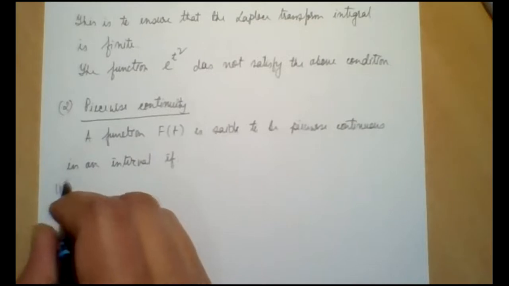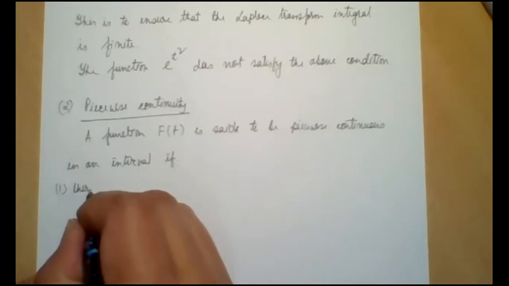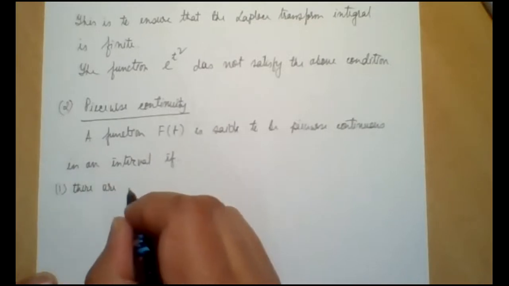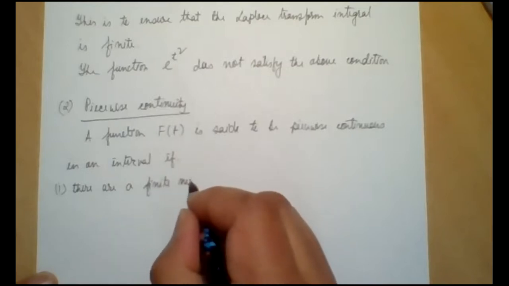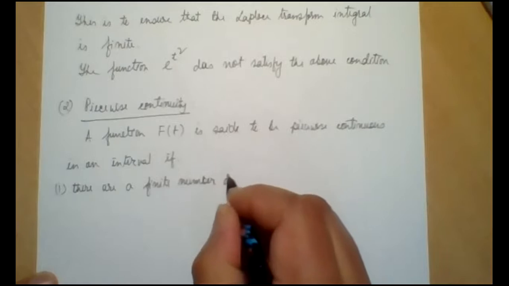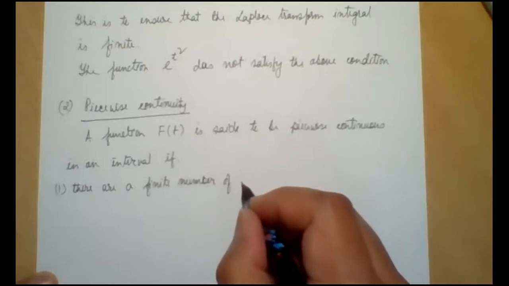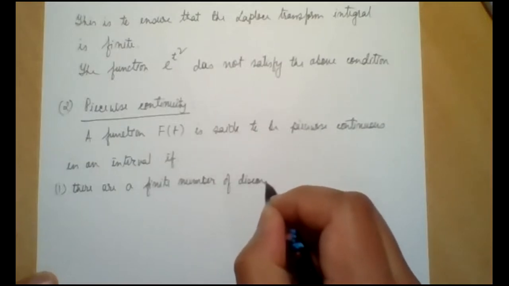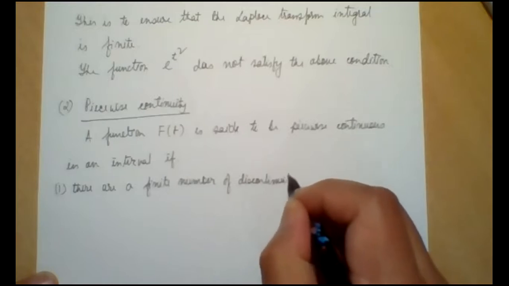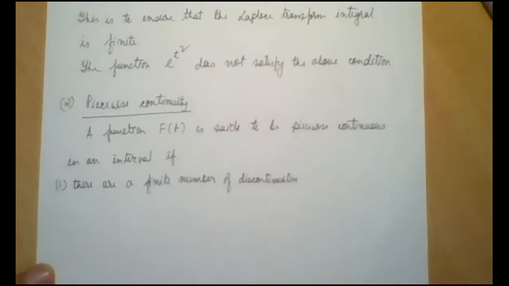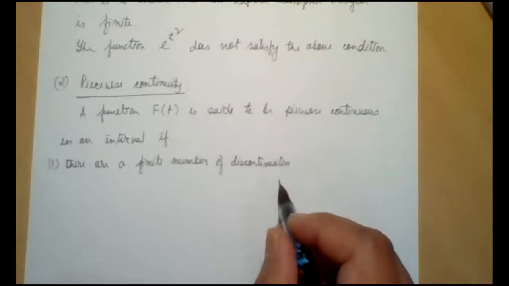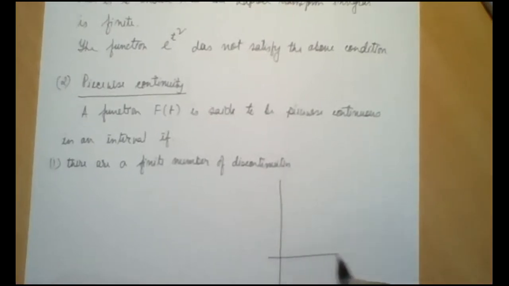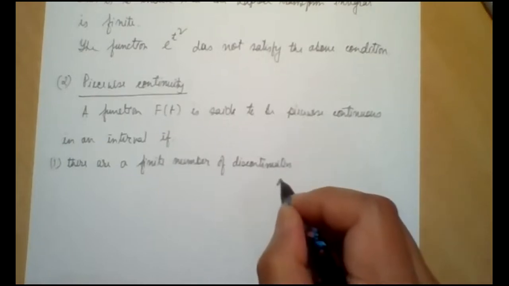Number one, there are a finite number of discontinuities. Let me make some space for the graph here. Okay, this is t, this is f(t).